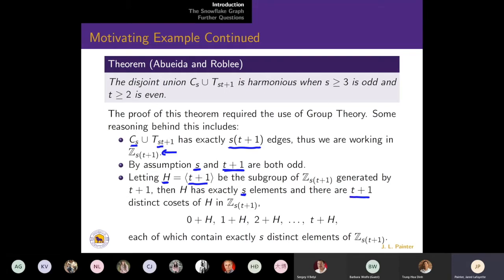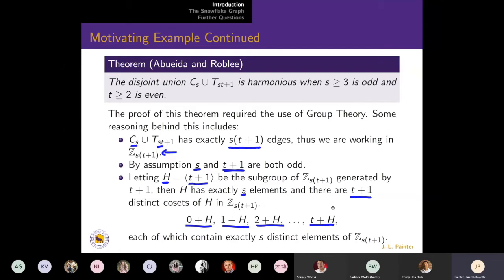And there's going to be T plus 1 distinct cosets of H in Z mod S times T plus 1. We can write those down. You're going to have 0 plus H, which is just H. I write that to indicate that that's the 0th coset. Then you have 1 plus H, 2 plus H, and so on, all the way up to T plus H. If you count, starting at 0 all the way to T, that's T plus 1 cosets. And each of those contains exactly S distinct elements.